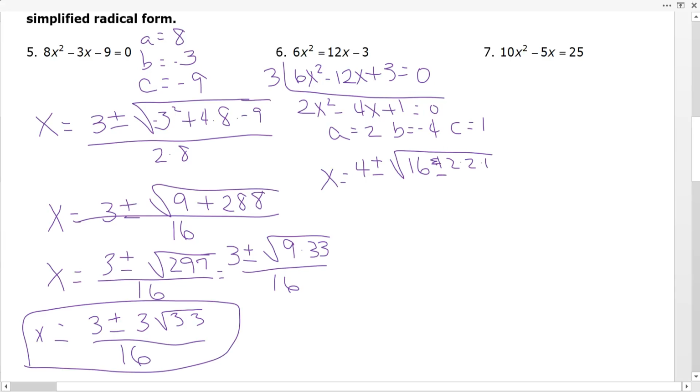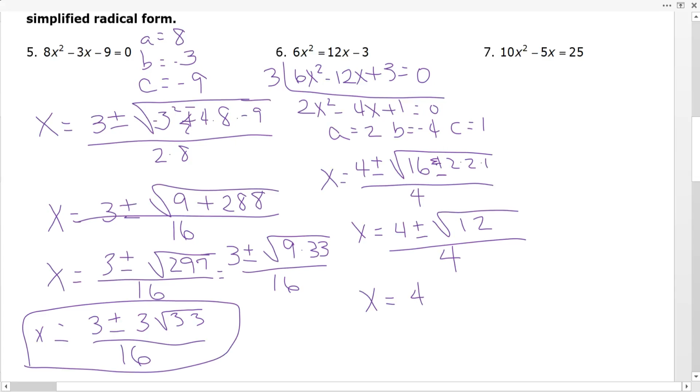I changed it in my other one because I had a negative. Divided by 4. So I have x equals 4 plus or minus 16 minus 4 is 12 over 4.